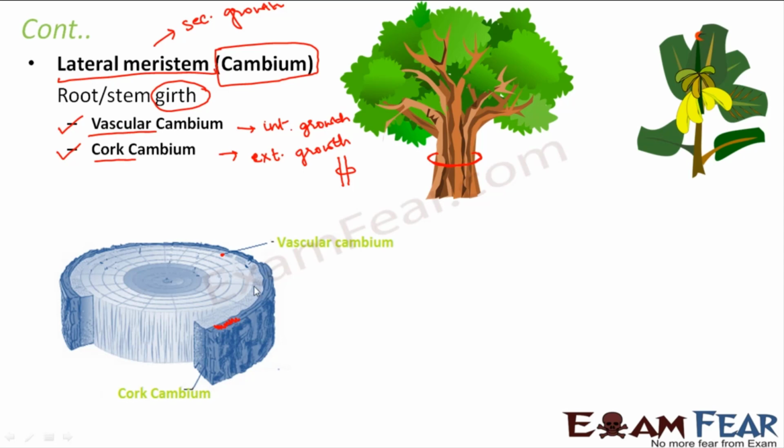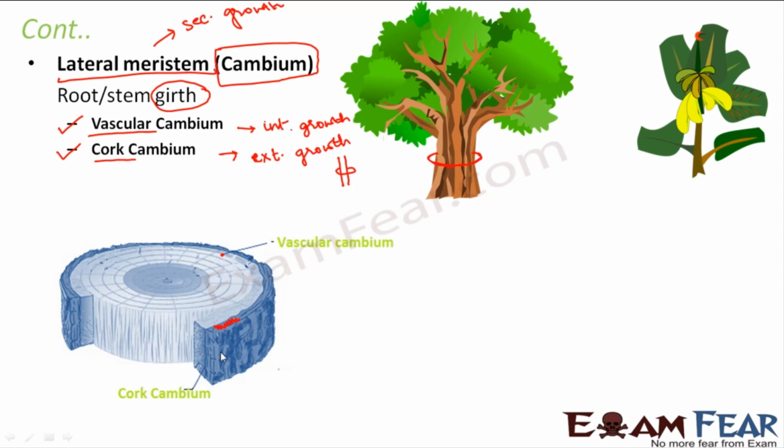This light blue layer will keep on increasing internally, so this will cause an increase in internal growth. The vascular cambium will keep increasing internally, and cork cambium will keep increasing externally. As a result, the width of the tree or the girth of the root will increase. So this vascular cambium and cork cambium together cause the secondary growth in a plant.